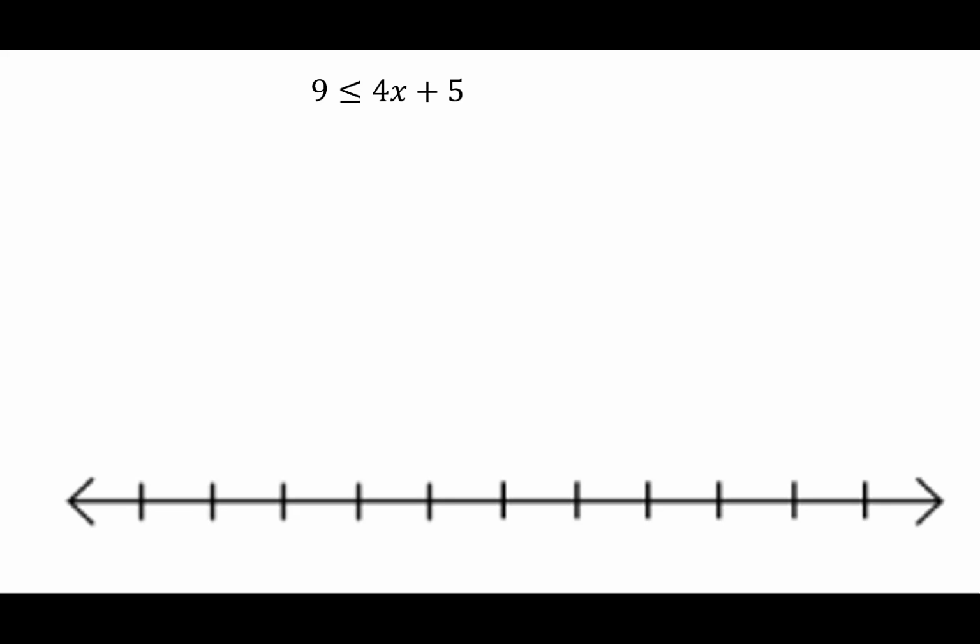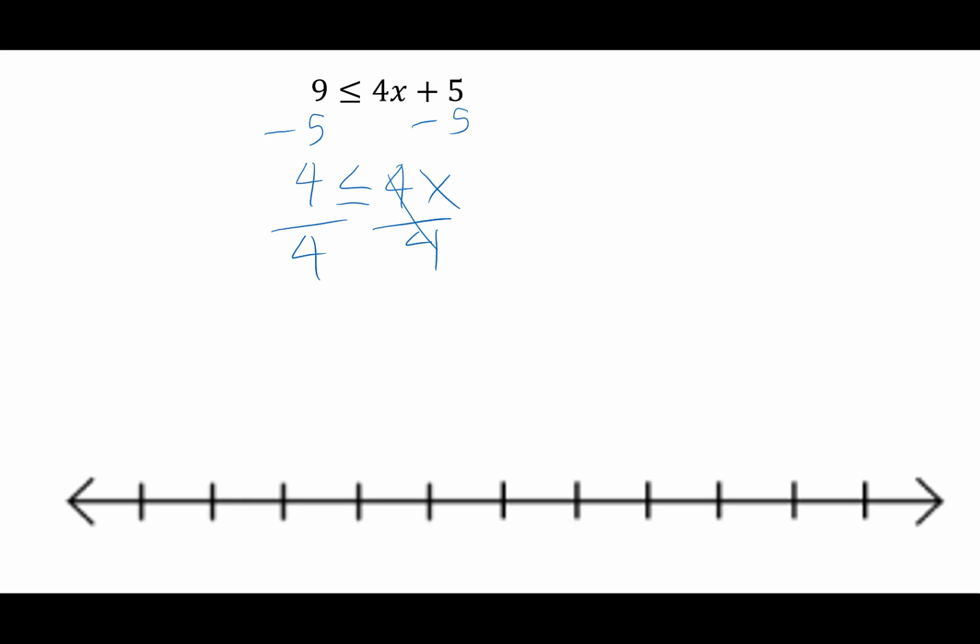All right, we will look at one last one here. So what am I going to do first? Minus the 5. 9 minus 5 is 4, which is less than or equal to 4x. Now I'm going to divide by 4.